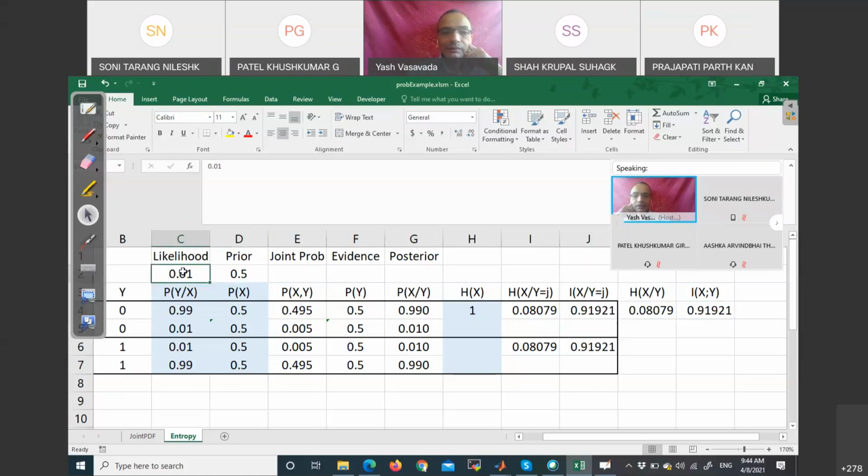If I make this extremely small, meaning that somebody has come up with a test which is very, very accurate, then you see that I'm transmitting 1 bit of information and I get almost 1 bit out. This is happening because look at what is happening to Q prime and Q double prime.